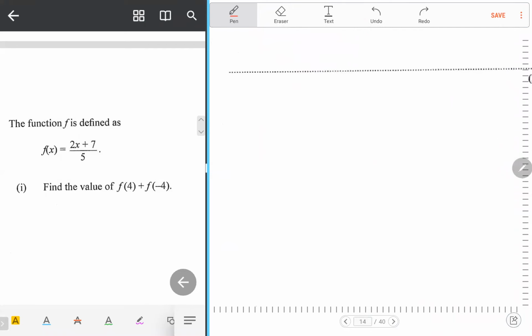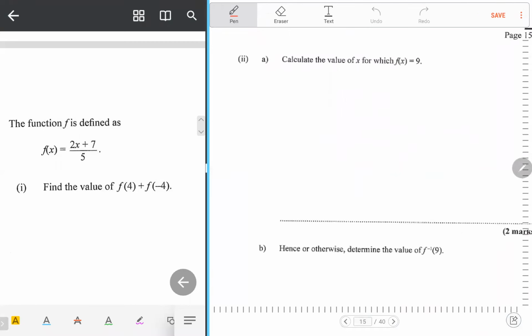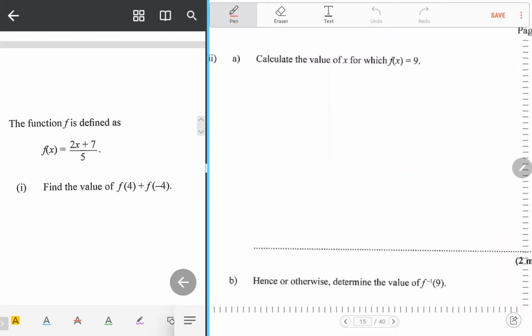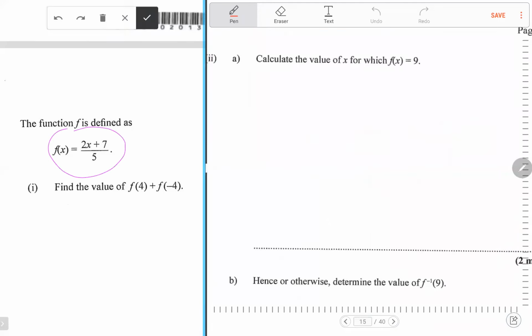The next part, on the next page, says we have to calculate the value of x for which f of x is equal to 9. We're using this as our f of x over here. So if f of x equals 9, you're basically solving 2x plus 7 over 5 equals 9.